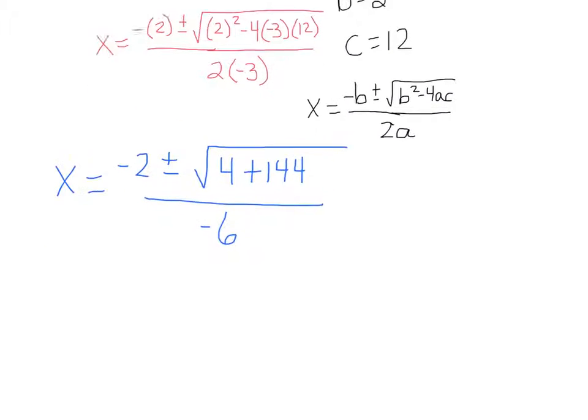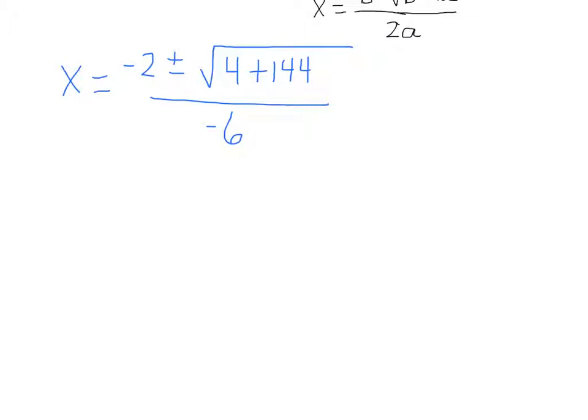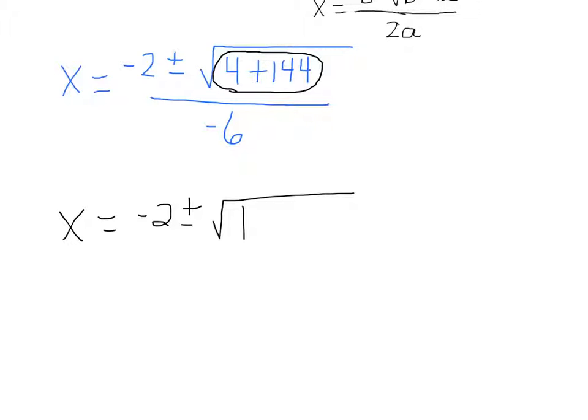Let's keep working. Now I need to simplify further. So I'm going to add up 4 plus 144, right? And so I have X equals negative 2 plus or minus the square root of 148 all over negative 6.